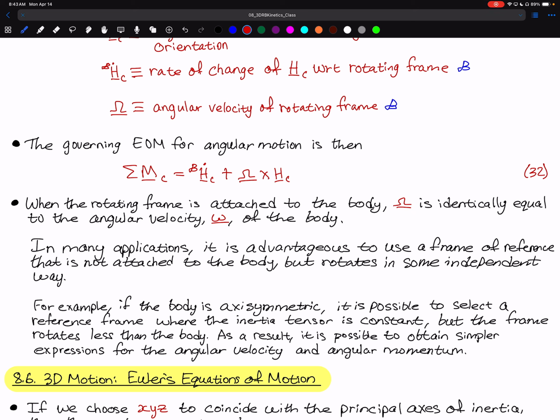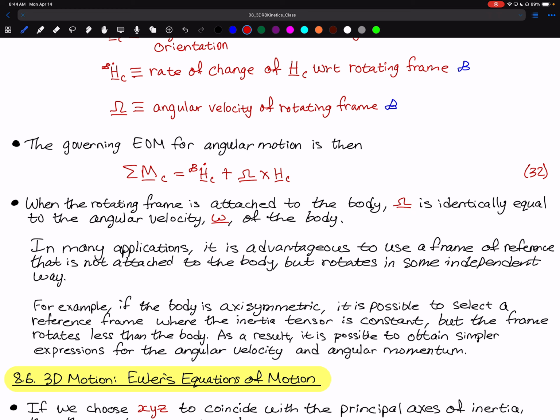Okay, so when our rotating frame is attached to the body, which is what we've assumed up to now, then this capital omega is identically equal to what we use lowercase omega for, the angular velocity of the body.